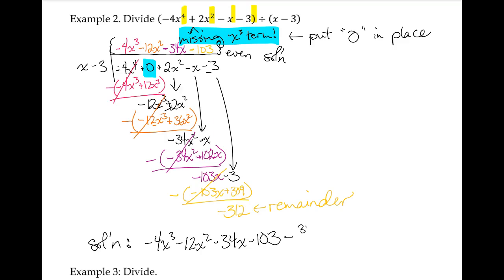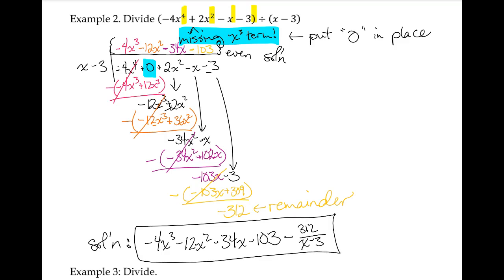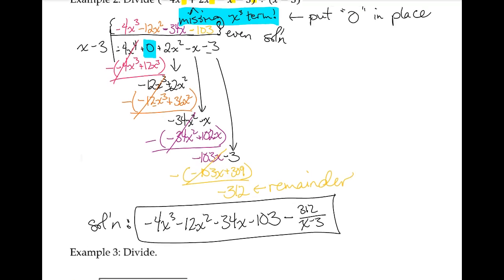I'm going to subtract 312 divided by x minus 3. So it doesn't get pretty all the time. It doesn't end with no remainder, but sometimes it does. Definitely not in this case, though. But it was essential to include that 0 and account for it and use it throughout this process.